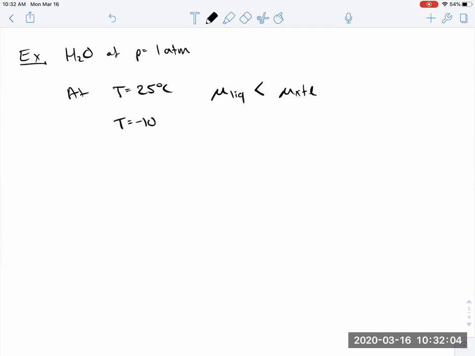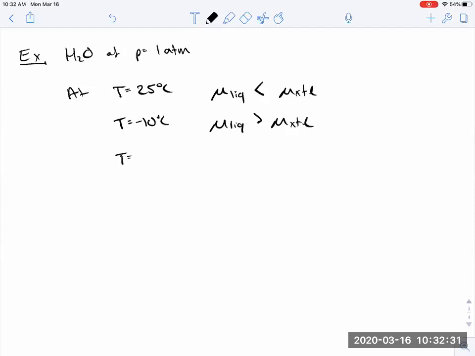At, say, minus 10 degrees C, that relationship is inverted. The chemical potential of the liquid is greater than that of the crystal. If we prepared a liquid and cooled that liquid down to below the freezing point, which is at 0 degrees C, molecules will spontaneously move from the liquid to the crystal.